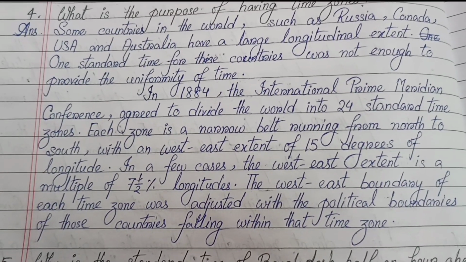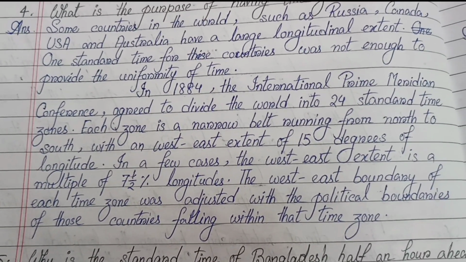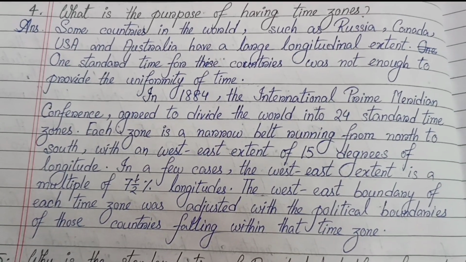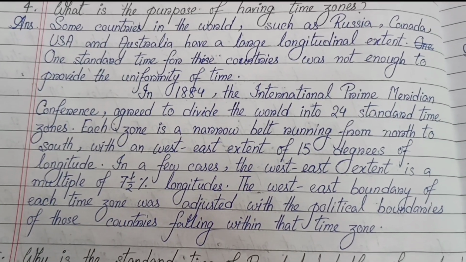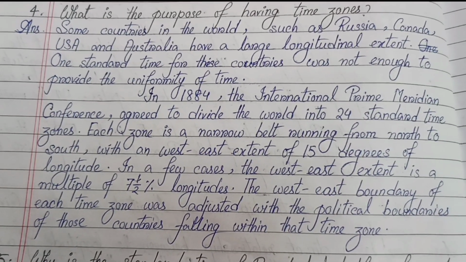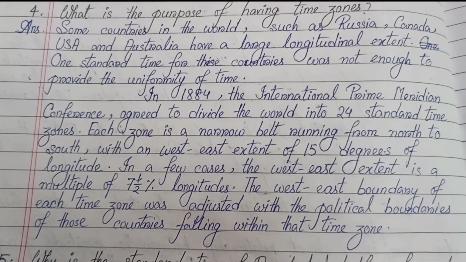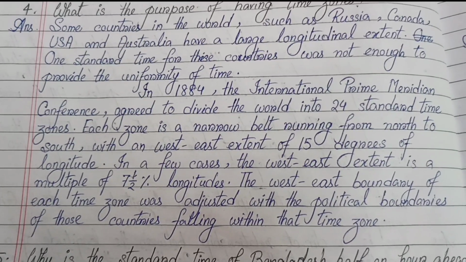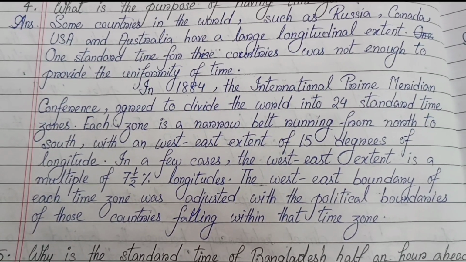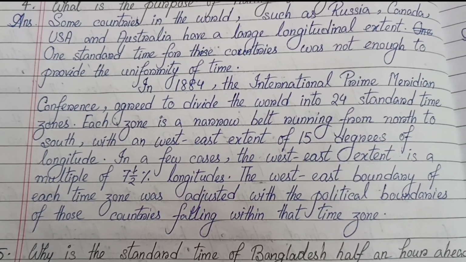Each zone is a narrow belt running from north to south with a west-east extent of 15 degrees of longitude. In a few cases, the west-east extent is a multiple of 7.5 degree longitude. The west-east boundary of each time zone was adjusted with the political boundaries of those countries falling within that time zone.